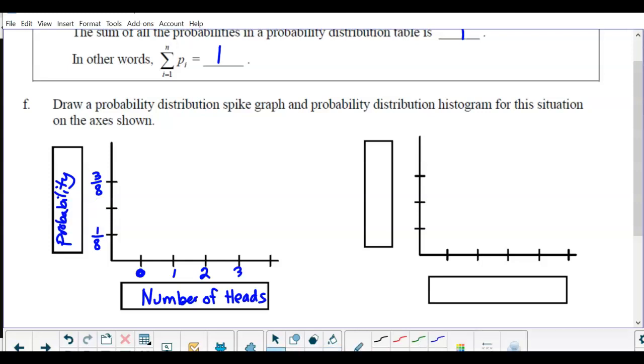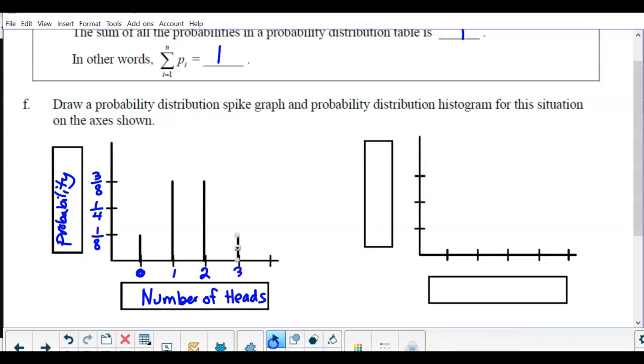So I want to reduce. Okay, so make sure your scale is equal. So each grid there is worth 1/8. That's 2/8, 3/8. So now when I do my spike, here up to 1/8, here up to 3/8, here up to 3/8, here up to 1/8.